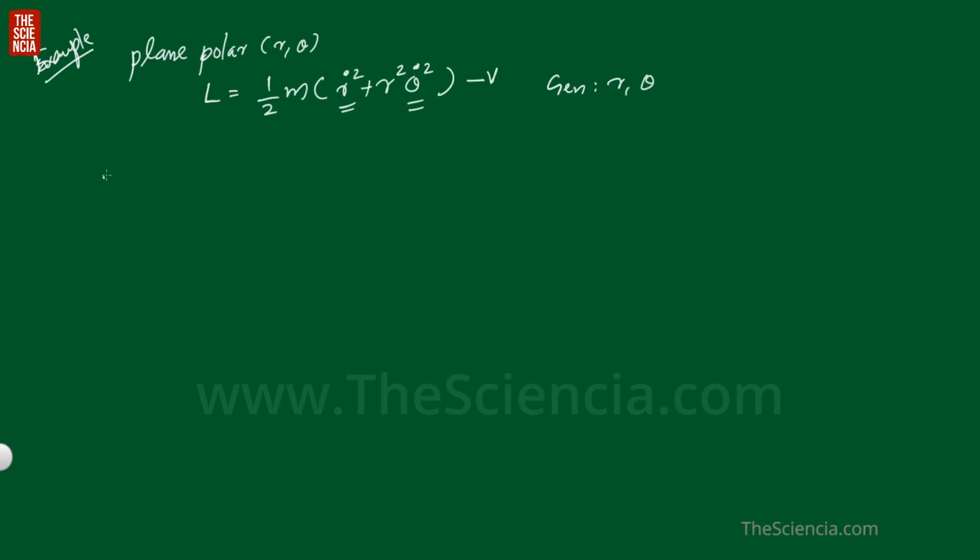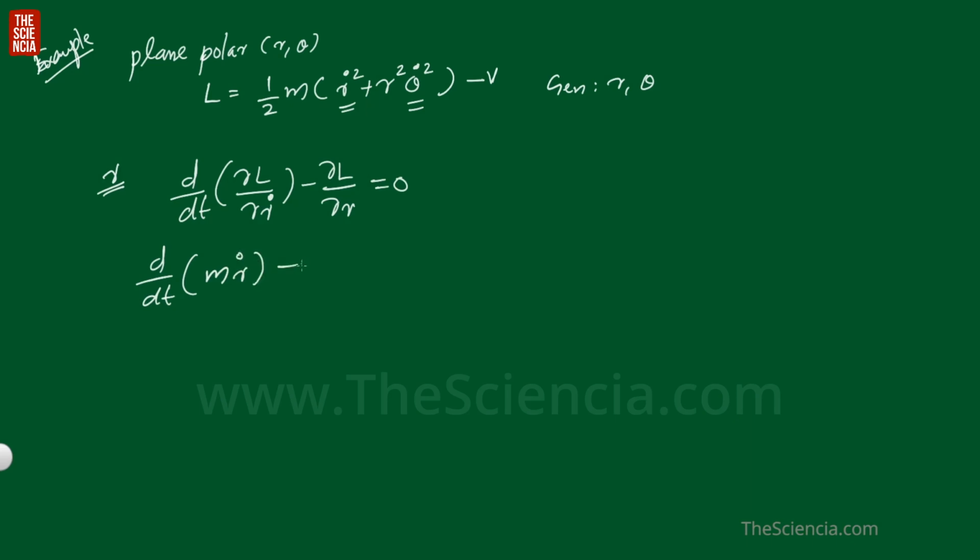First we are taking r. The corresponding equation of motion is d/dt (∂L/∂r dot) minus ∂L/∂r equal to 0. That is d/dt of ∂L/∂r dot, which equals m r double dot, minus ∂L/∂r. Here r is there, so we get m r theta dot square.